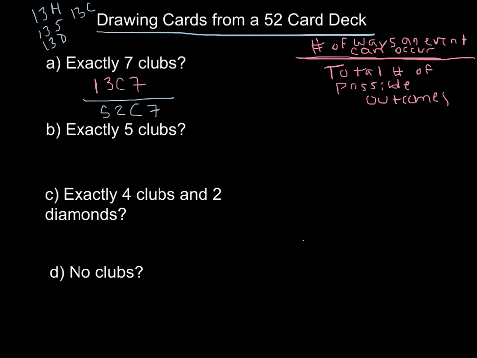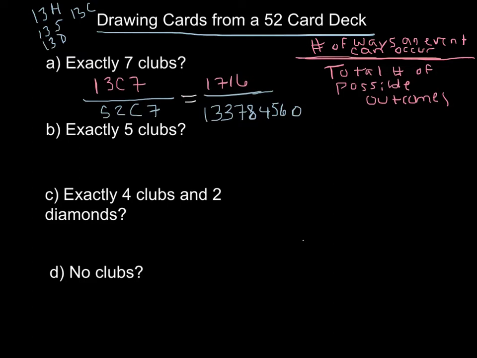I did these on the calculator. The numerator is 1716, and the denominator is this giant number, 133784560. I'll leave it as a fraction for now. In the end, I'll turn them all into decimals in case you're interested.